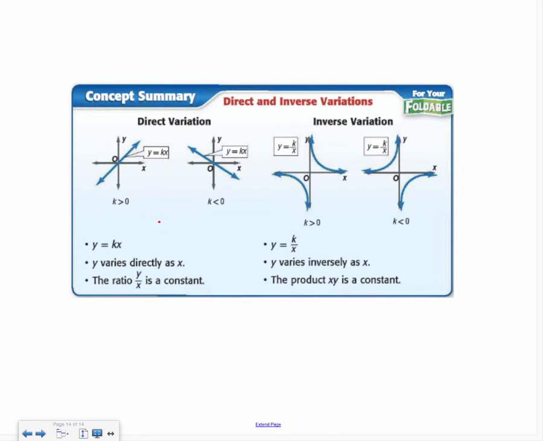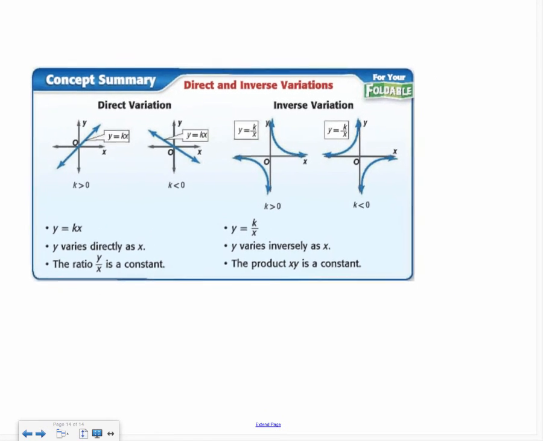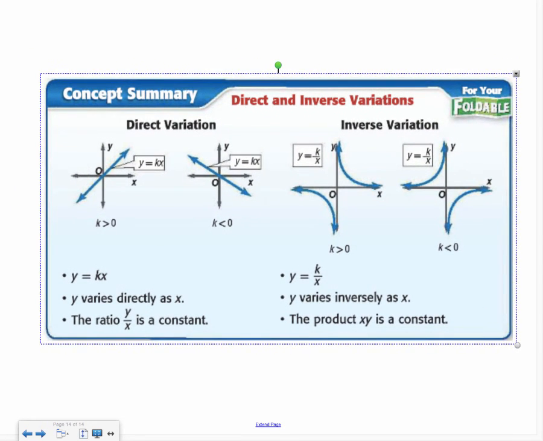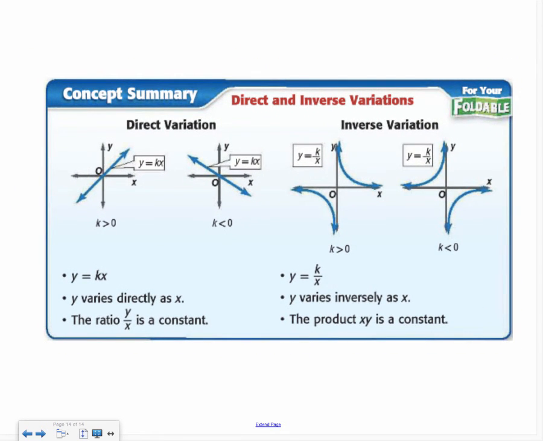Okay, a quick overview of the types of graphs we've looked at this year. Direct variation is our y equals kx. Y equals kx, you know, just depends on if it's positive or negative.